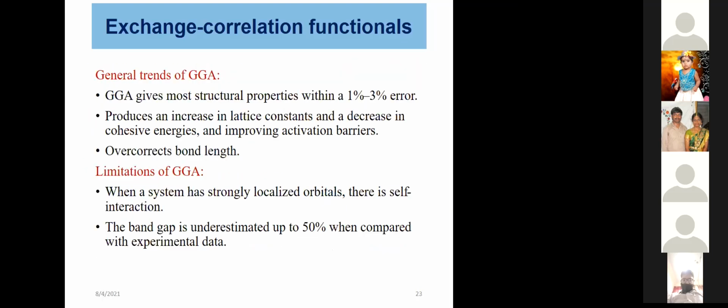Okay, so what are the trends of GGA? GGA predicts every property with around 1 to 3% error, which is fairly good enough. It also produces a slight increase in lattice constant, because there are other interactions which are not considered in GGA. And if you calculate the cohesion energy, you will get a slightly smaller cohesion energy than the actual experimental cohesion energy.